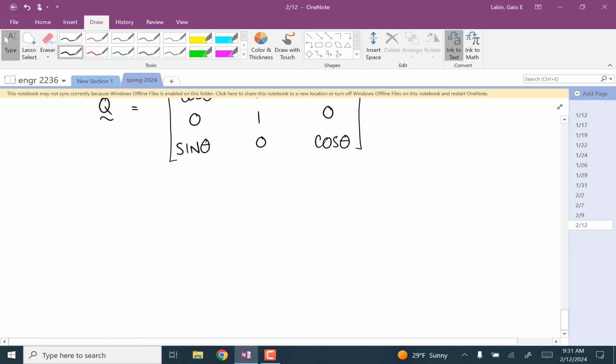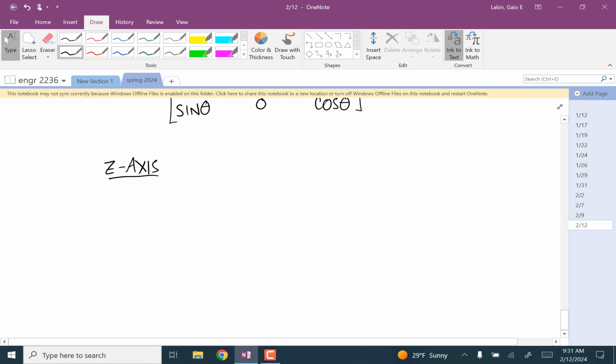And then the last one is a rotation about z. In this case, your z-axis is that way, your x is this way, y is this way, and you want to rotate theta about the z-axis. So put your thumb in the direction of z, coming out of the page. Your fingers curl in the direction of a positive rotation.